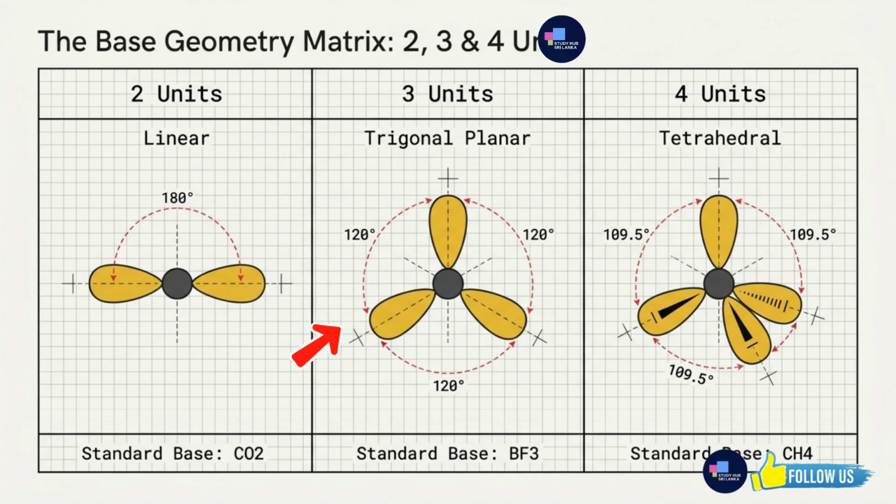If you have 3 units, like in boron trifluoride, well, they spread out completely flat on a plane at 120 degrees, so that's trigonal planar. And if you have 4 units, like in methane, they push out into 3 dimensions, forming a tetrahedral shape, with bond angles of exactly 109.5 degrees. My dear students, you absolutely must memorize these specific bond angles for your MCQs. They come up all the time.